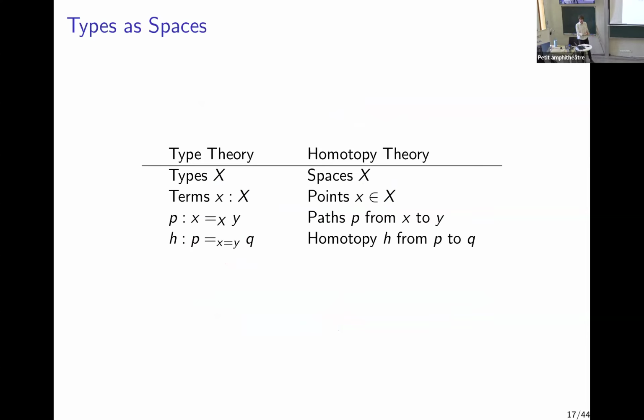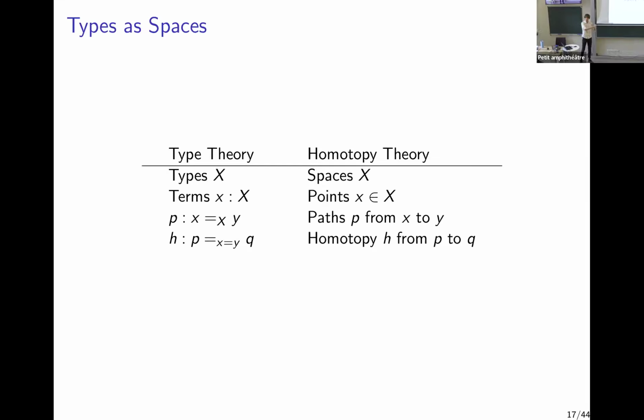And what is the idea here? What is the idea of homotopy type theory? It's this whole game of types as spaces. So how does this work? If we do type theory, we have the notion of a type, we have the notion of a term. We can make identity types, so we can talk about equality of terms.